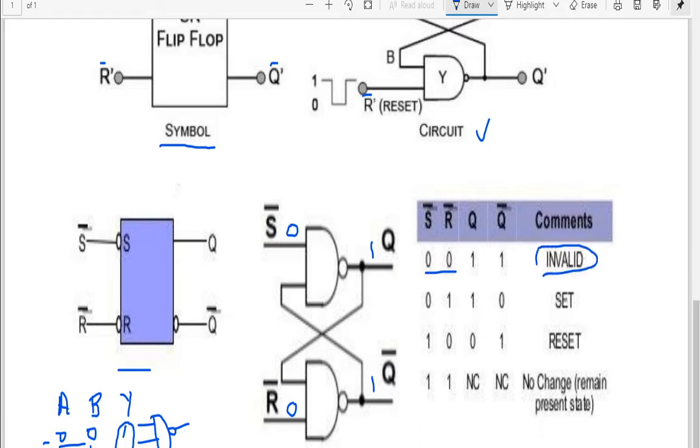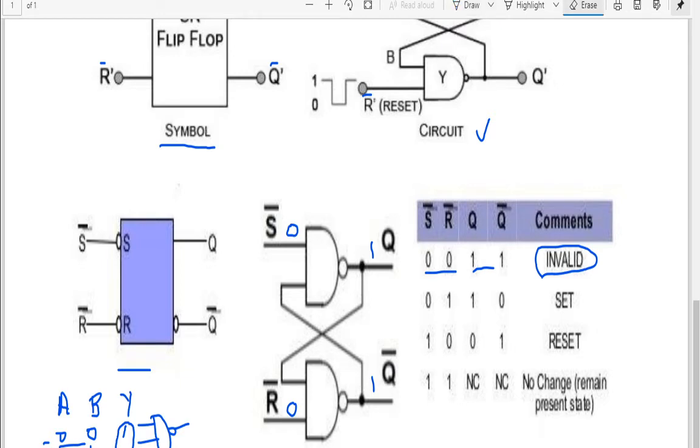This is an invalid condition. We cannot have both Q and Q bar as 1. So in this case, as Q and Q bar are both 1 1, we state this as an invalid state.